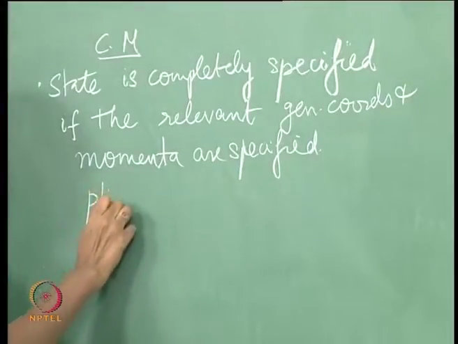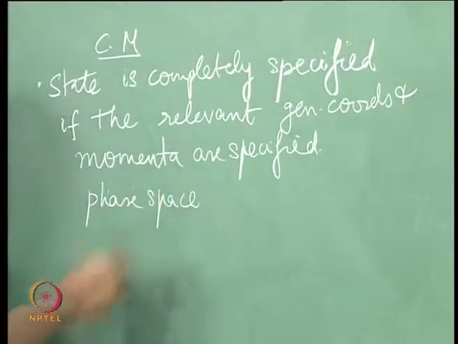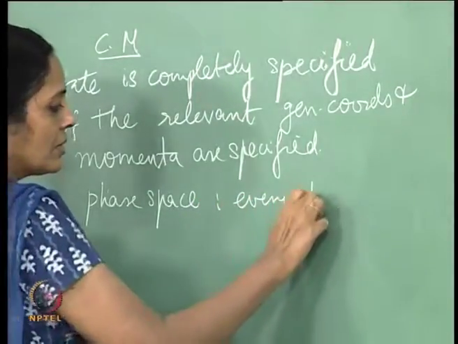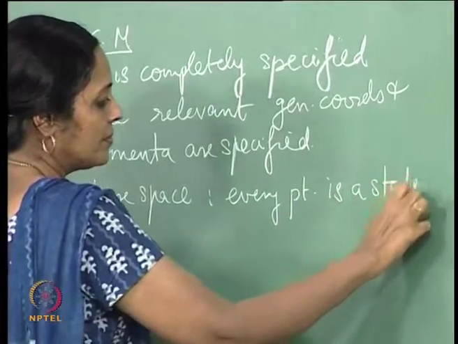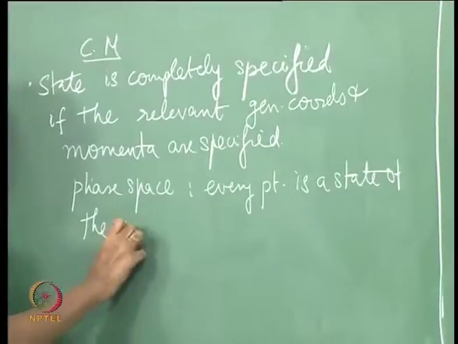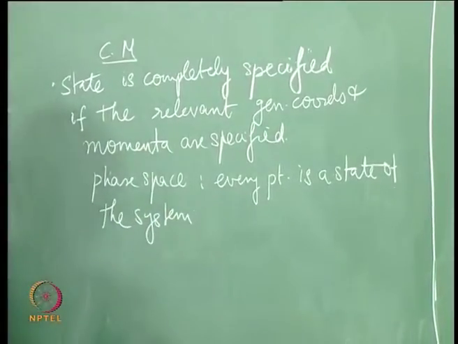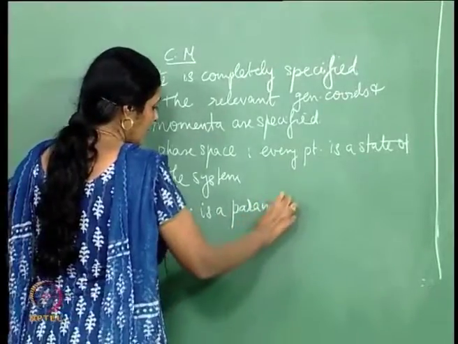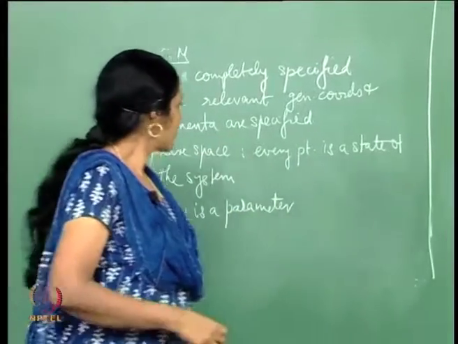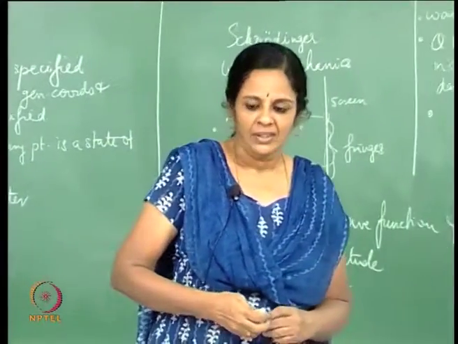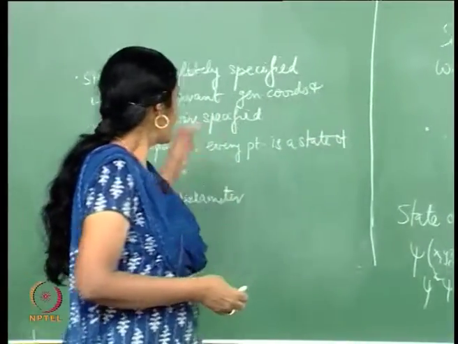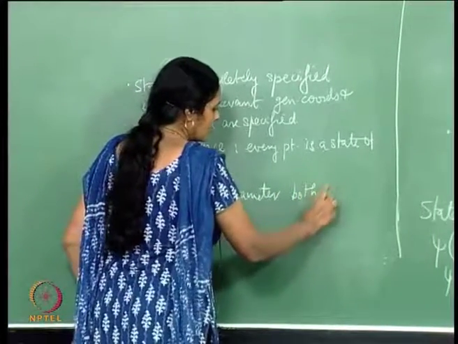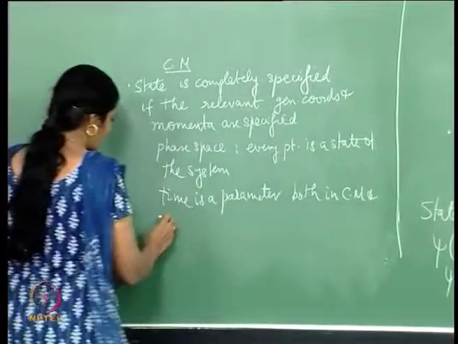And if you have a phase space of these coordinates and momenta, every point is a state of the system. Time is a parameter. And these coordinates and momenta evolve in time. These become the observables in quantum physics. Time is a parameter both in classical and quantum physics.